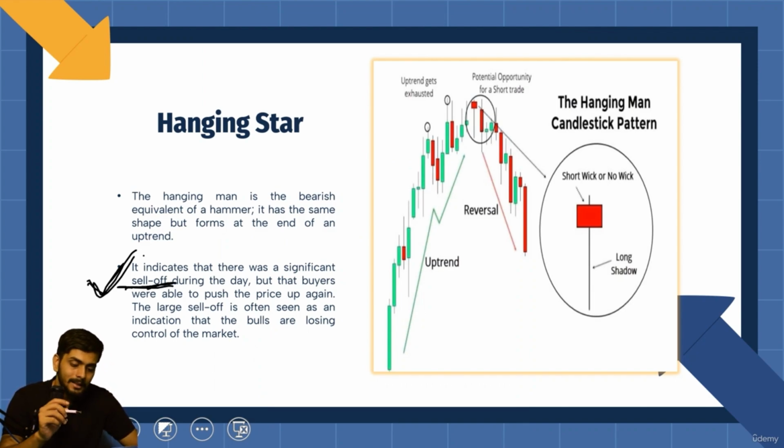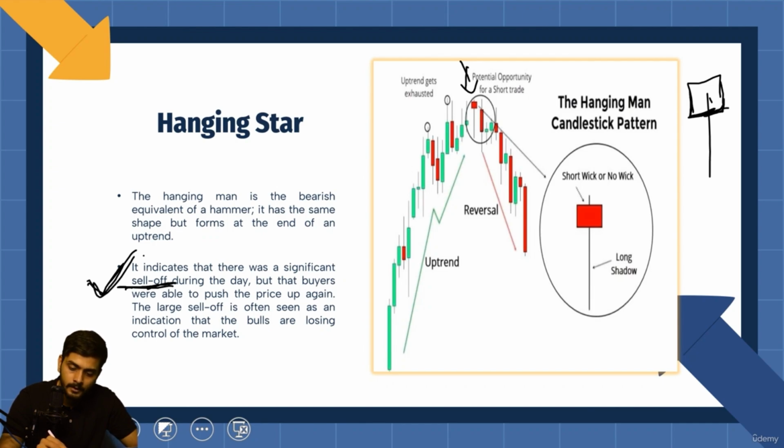Now, why is it telling that it was a sell-off? If you see this pattern, this candle, wherever the circle is made, what the candle looks like this. Now, in your candlestick advanced class, Shantanu sir has taught you what this is called? LPR, lower price rejection. What is the meaning?